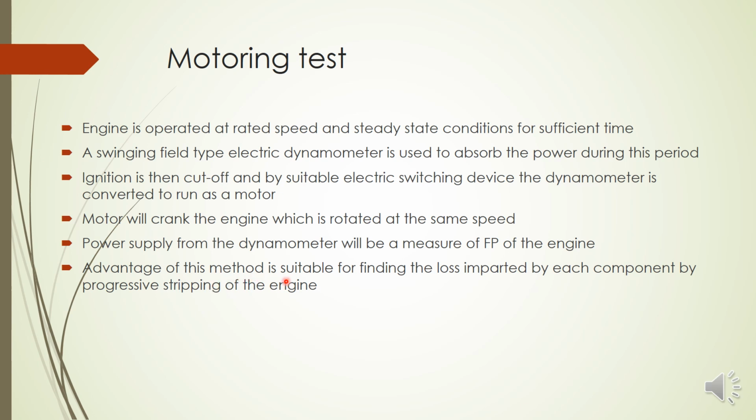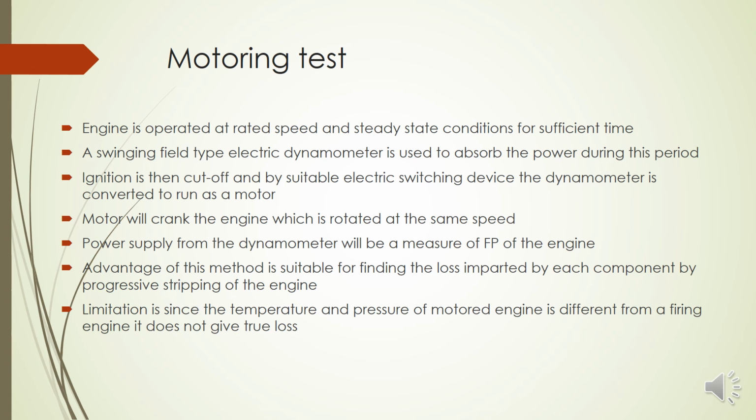So the main advantage of the motoring test is we can find the frictional power contributed by each and every component or moving part by this progressive stripping of the engine. The limitation is that the temperature and pressure of this engine will be different from a real engine, because firing does not take place.